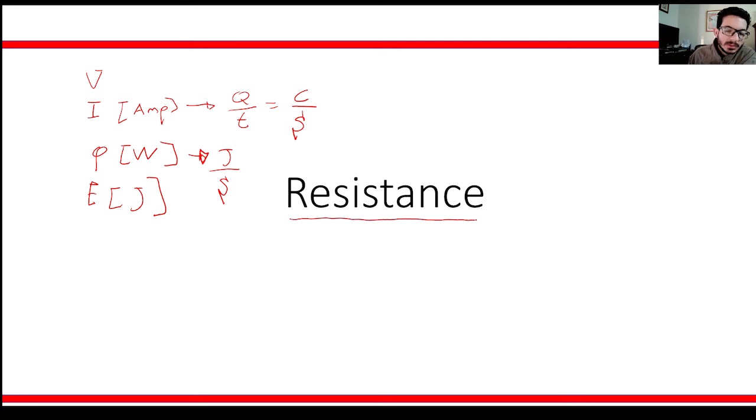Resistance is a function of materials. So when you have a material, there are three groups of materials, which are conductors, semiconductors, and insulators.